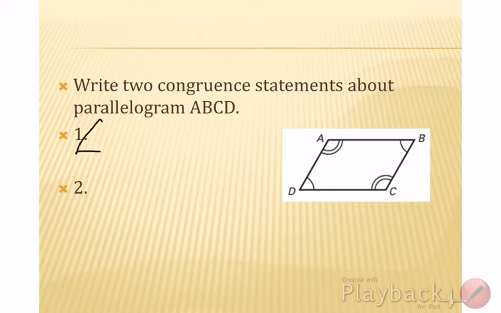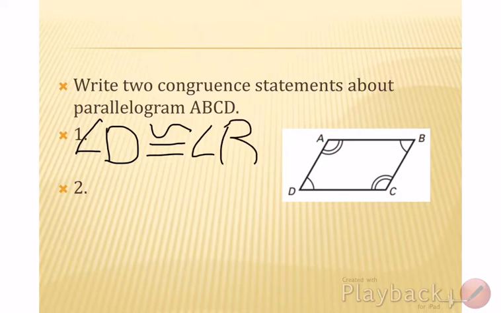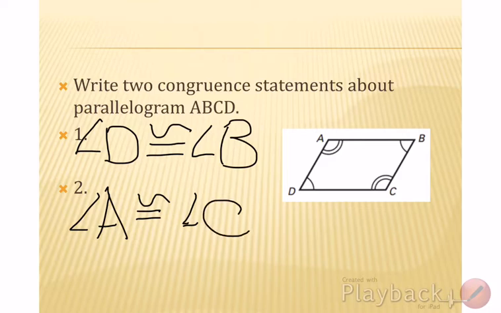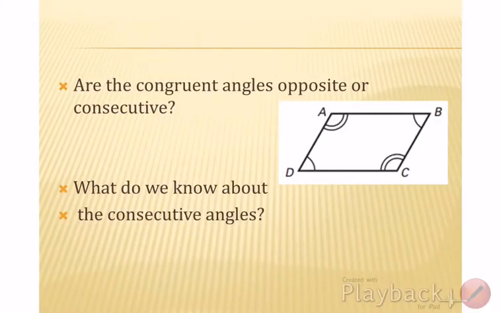That would be angle D, I'm going to read from left to right, is congruent to angle B, and angle A is congruent to angle C. And that fits the definition of parallelogram because they're opposite each other and they're congruent. They are opposite.